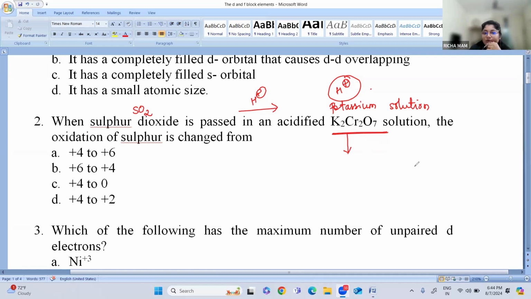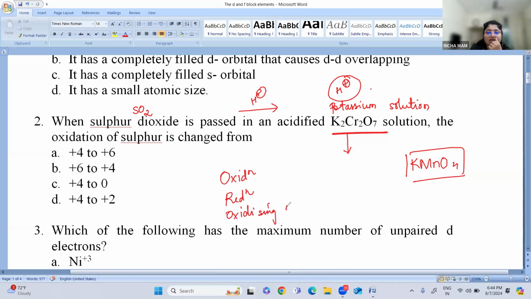Your K2Cr2O7, then your KMnO4, your potassium permanganate, your potassium dichromate, these are strong oxidizing agents. So what is the role of the oxidizing agent? We have studied what oxidation is, what reduction is. What is the role of an oxidizing agent?